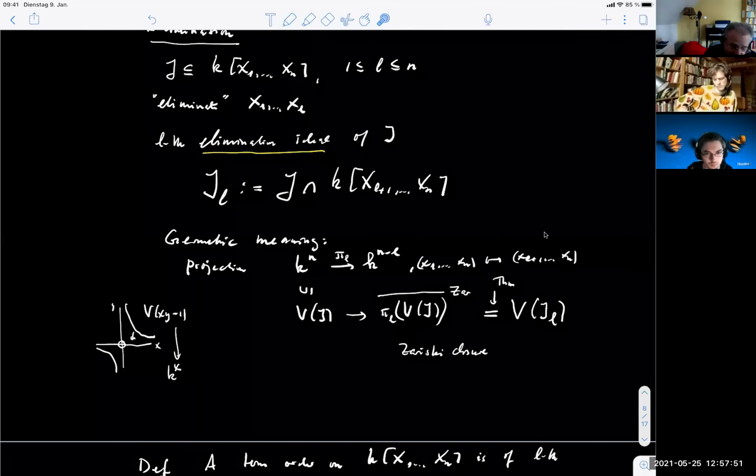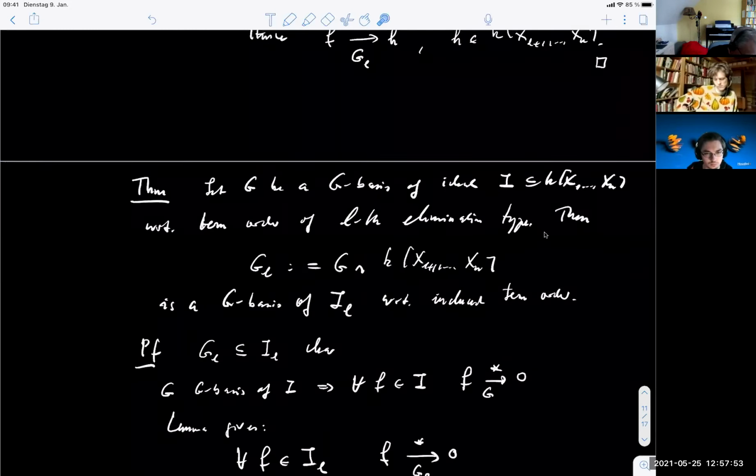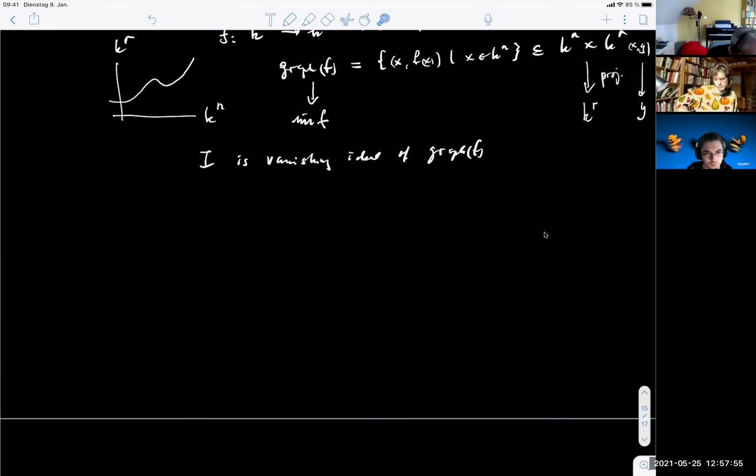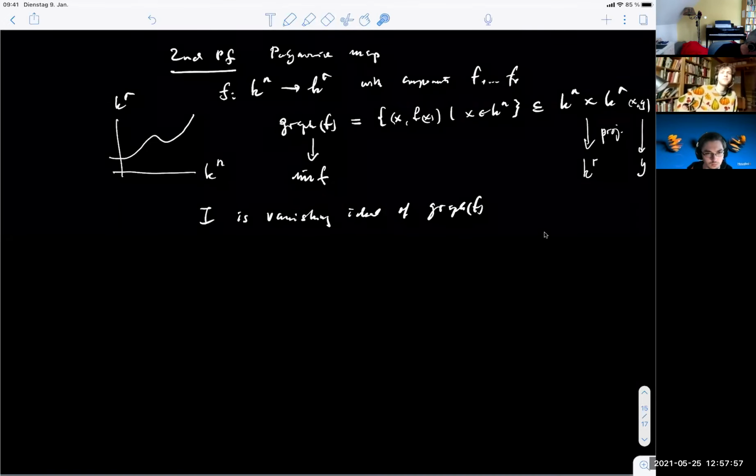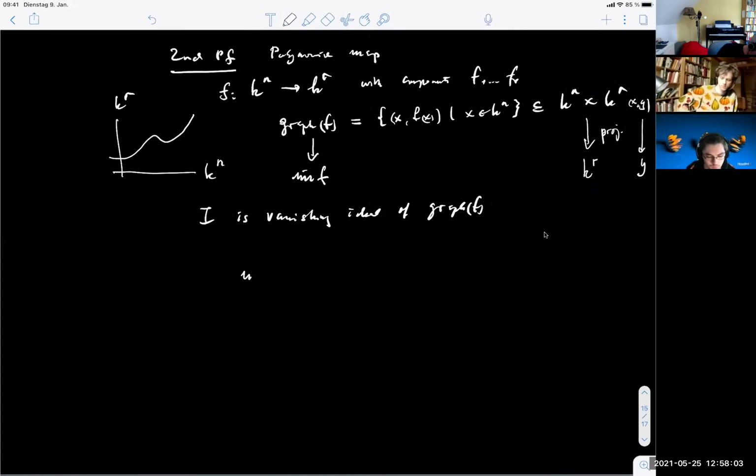So what do I get? I see that the image, actually the Zariski closure of the image, is the zero set of the elimination ideal.